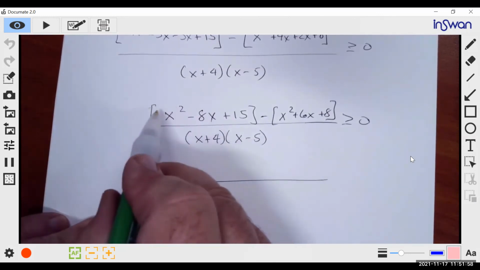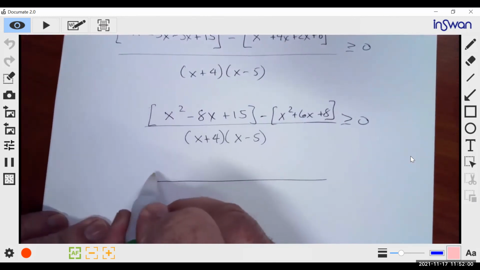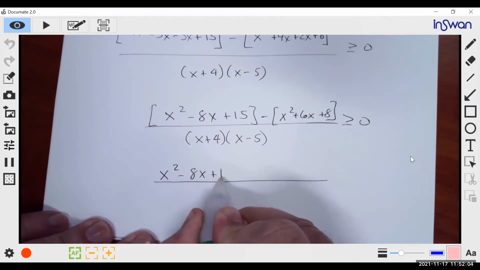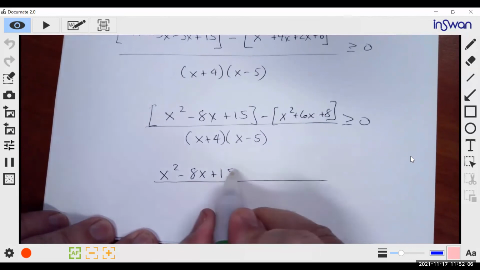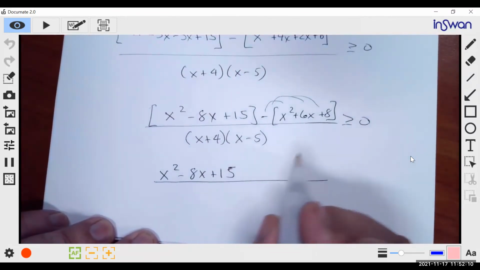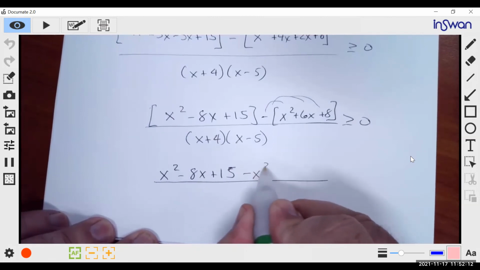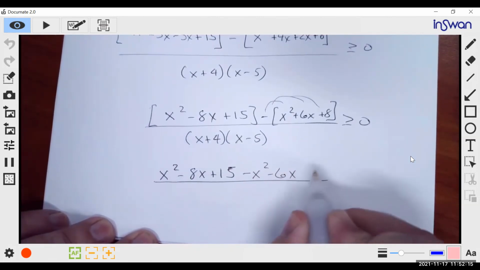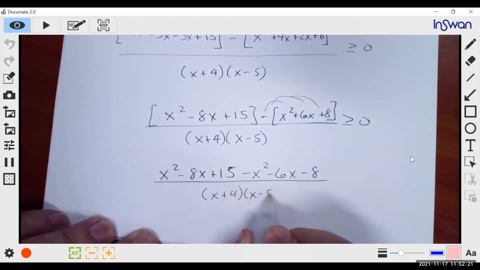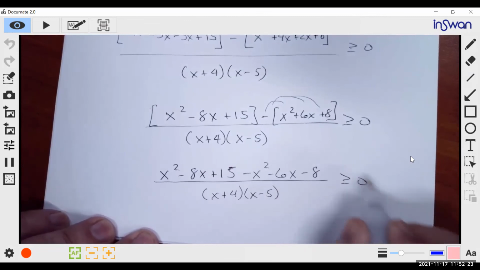We don't need the first brackets, there's no coefficient. So it's x squared minus 8x plus 15. That negative in front of the second one changes all the signs. So it's minus x squared, minus 6x, minus 8, greater than or equal to 0.